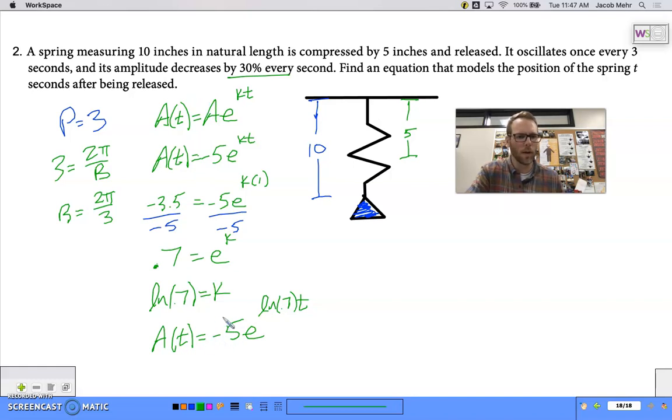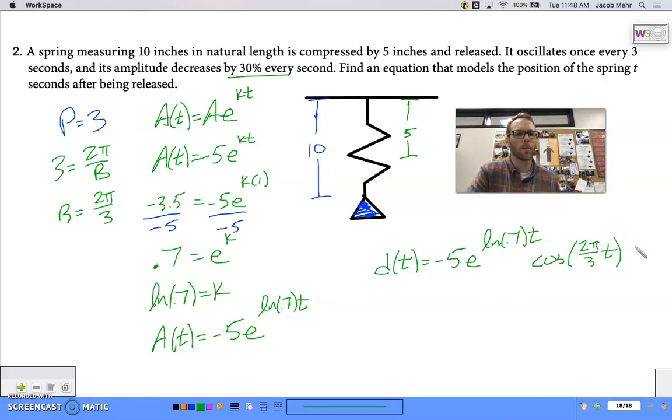We've already multiplied the negative to consider the fact that it's starting below here. So what do we want to call this function? Let's just call it d of t like our last one. It's going to be the amplitude, like that. And then we're going to multiply by the cosine function, and our b was 2 pi over 3 t.